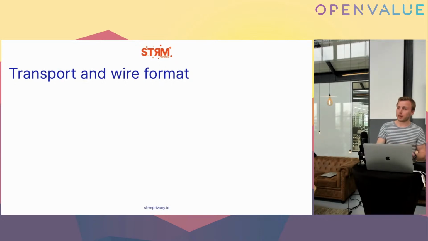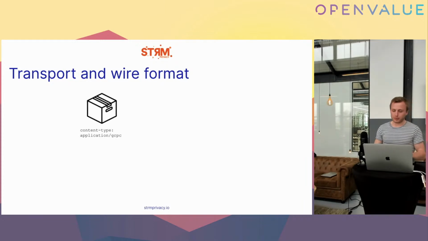One more thing about transport and wire format for gRPC. Of course, there is a translation between HTTP and gRPC. gRPC actually just uses HTTP and extends it. The content type that's being used is application/grpc.